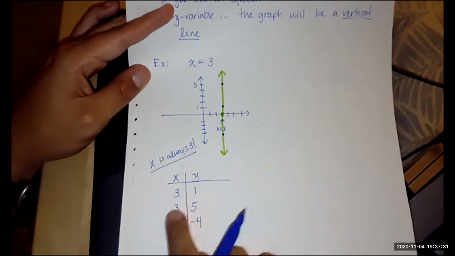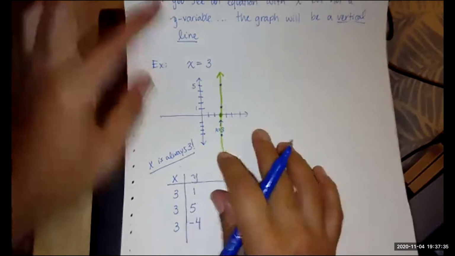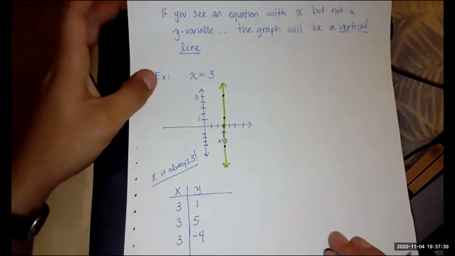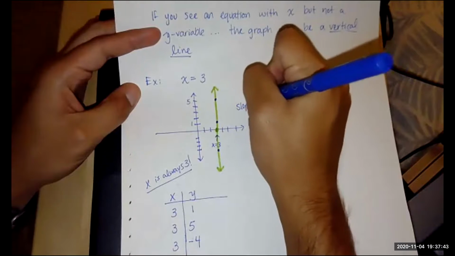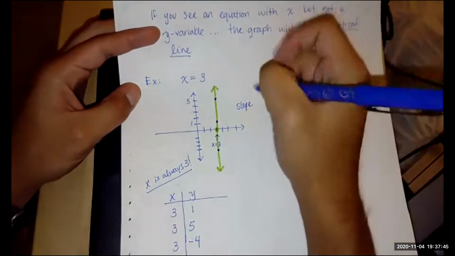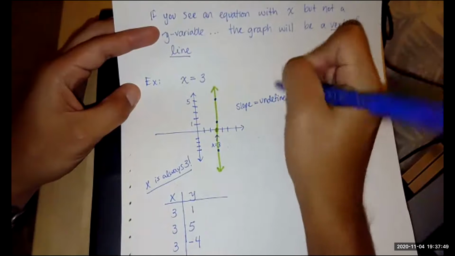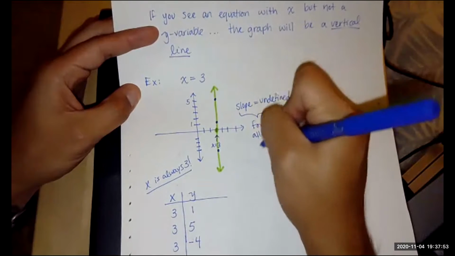All of these ordered pairs will fall on this vertical line. And when we have a line that's perfectly vertical, we say that we can't really measure its steepness, that the slope or the steepness of this thing is undefined. And that is the case for all vertical lines.